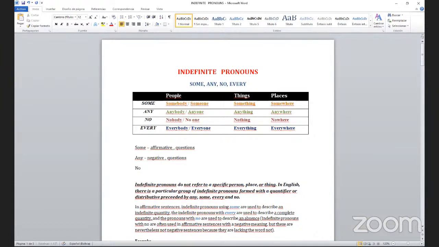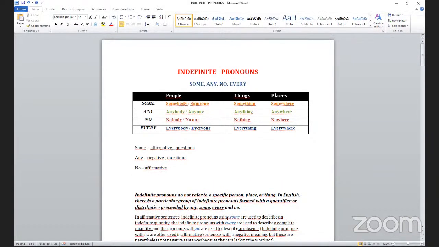With no, in this case, always we're gonna use it with affirmative only, okay? And every we could use with affirmative, negative, and questions, okay? So this is the difference between these four.